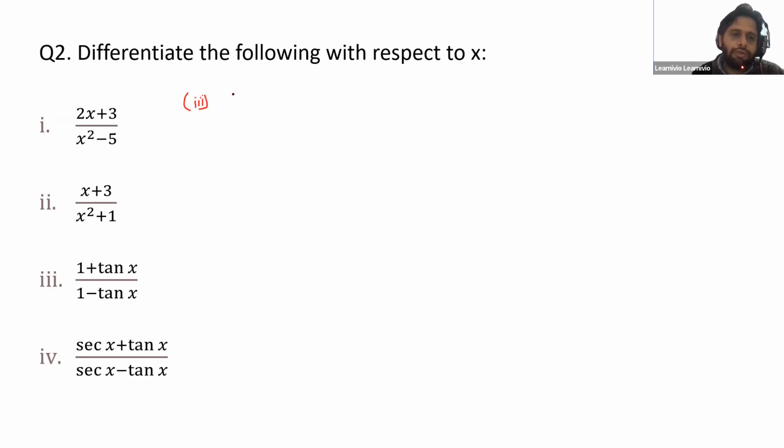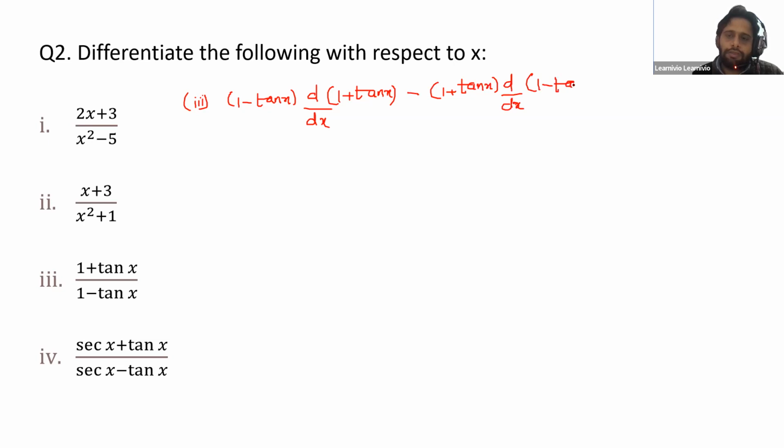So when you differentiate this, the denominator will remain the same, and the numerator will be the derivative of 1 plus tan x, minus 1 plus tan x times the derivative of the denominator, 1 minus tan x, over the denominator square.